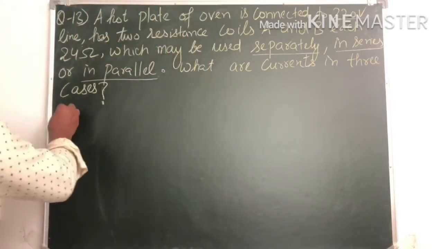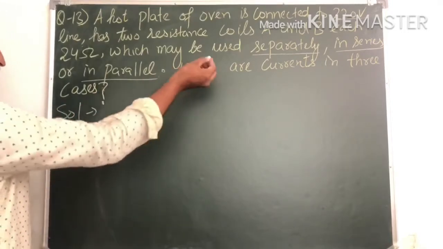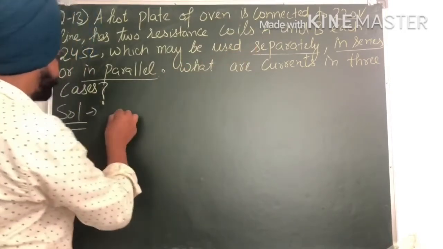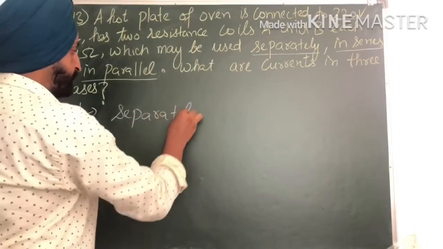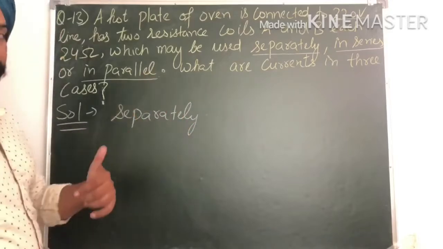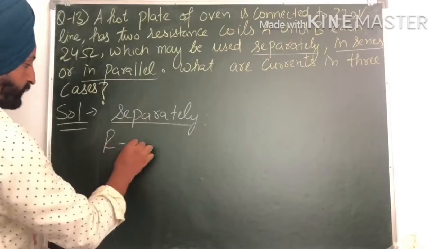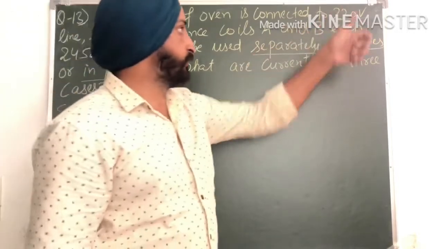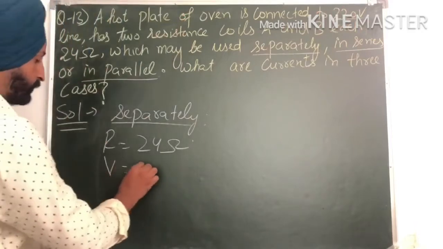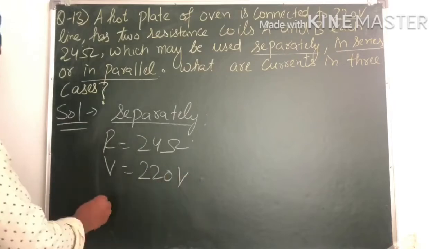We will solve this first when they are used separately, meaning either one is used. The resistance of one coil is of course 24 ohm, and it is used at a voltage of 220 volt. We have to calculate the current.